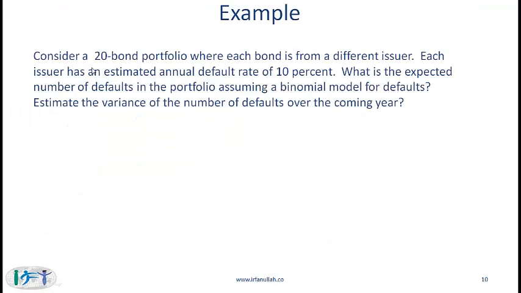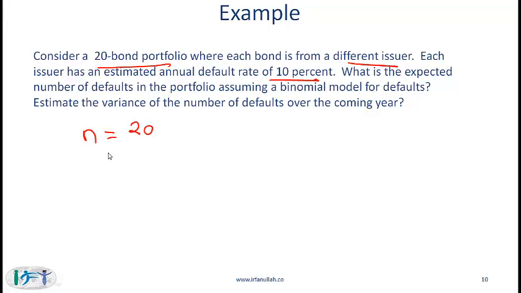Let us consider this simple example now. You have a 20 bond portfolio where each bond is from a different issuer. Each issuer has an estimated default rate of 10%. What is the expected number of defaults in the portfolio assuming a binomial model for defaults? This is fairly straightforward. n is equal to 20.